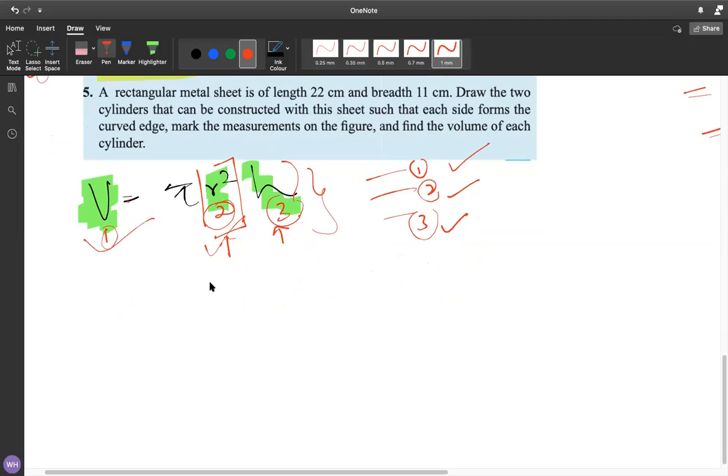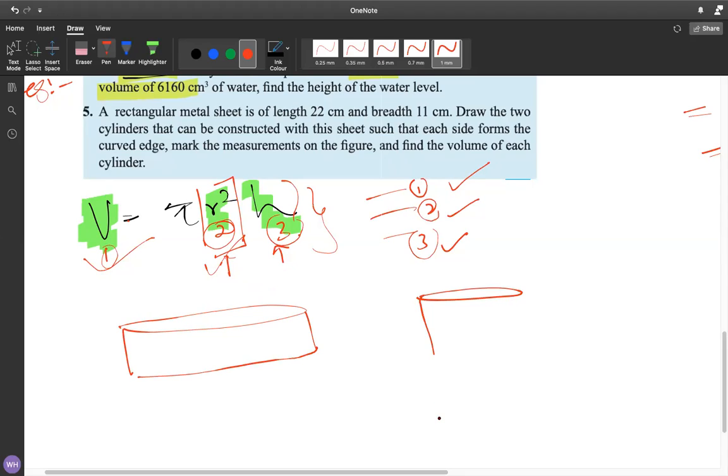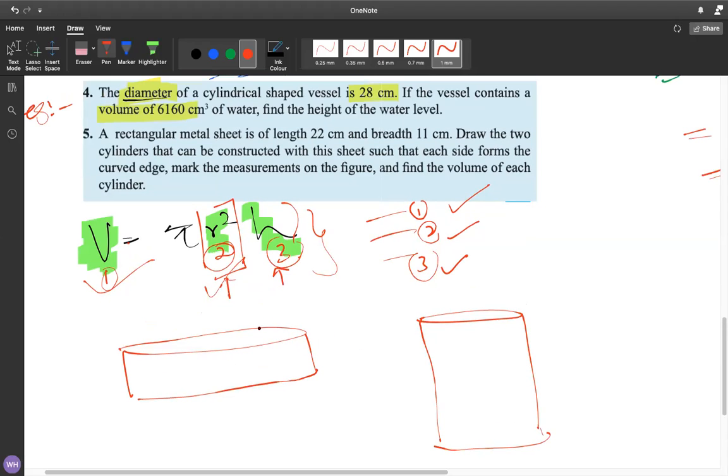Right? Okay, nice. So simply one cylinder will be flat, a figure like this. And the other one should be narrow, a taller one. If C equals 22 is the circumference, the height will be equal to 11.